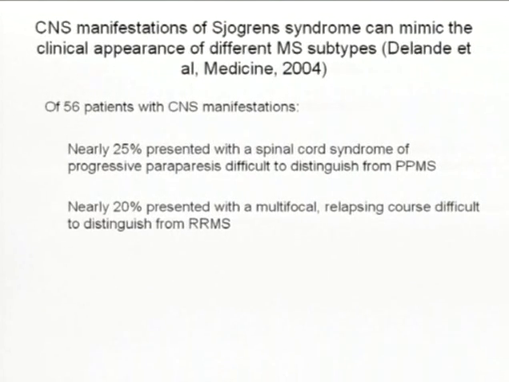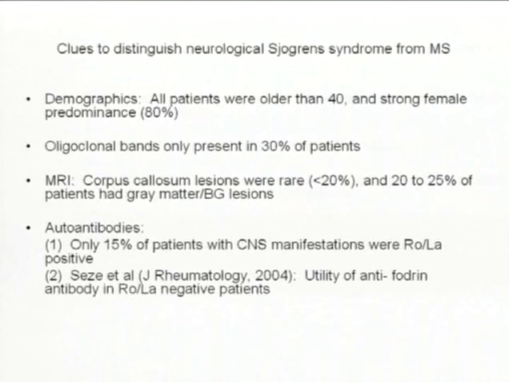Of these patients who had CNS manifestations, nearly 25% presented with a spinal cord syndrome of a progressive paraparesis, a gradual, slow decline in gait disorder, which is difficult to distinguish from primary progressive MS. Now, nearly 1/5 of these patients presented, like you've heard before, with a characteristic multifocal relapsing course, which was difficult to distinguish from the most common type of MS, relapsing remitting MS.